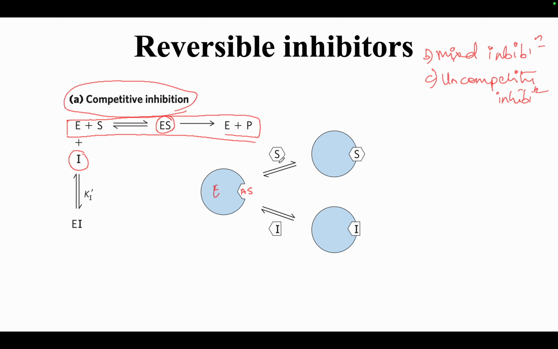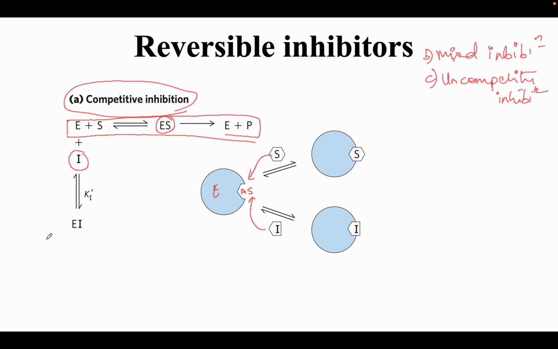The substrate is binding to the active site, and the inhibitor is also binding to the active site. The geometry of the active site is complementary to both substrate and inhibitor.